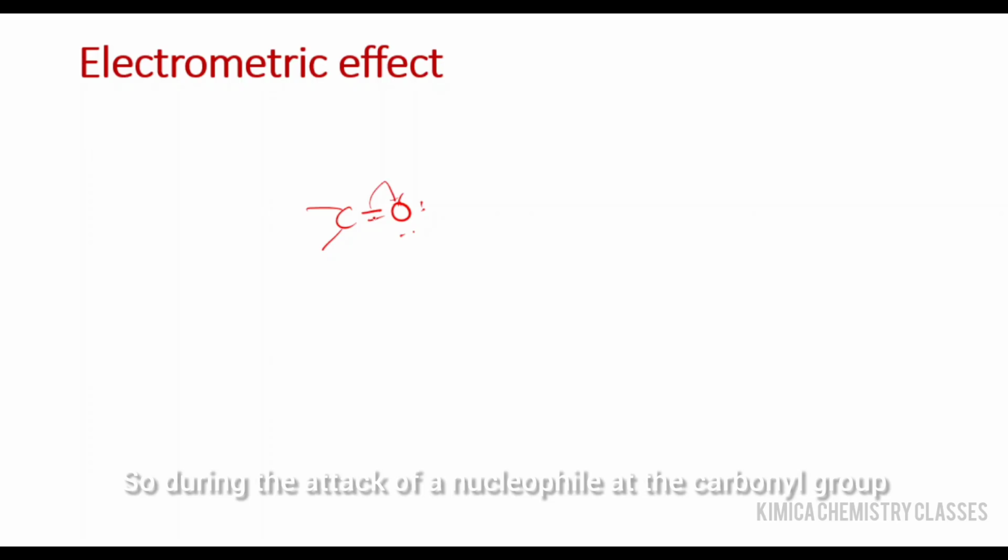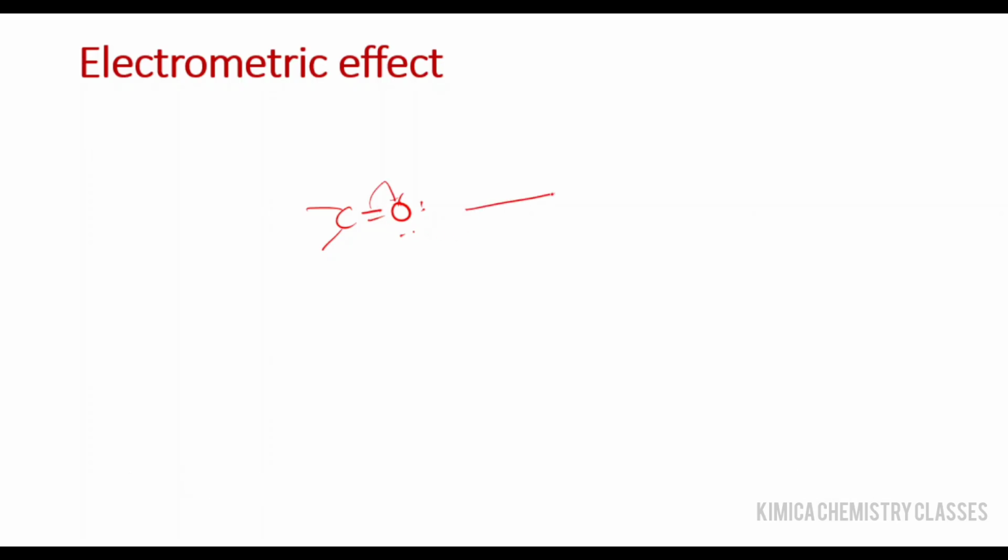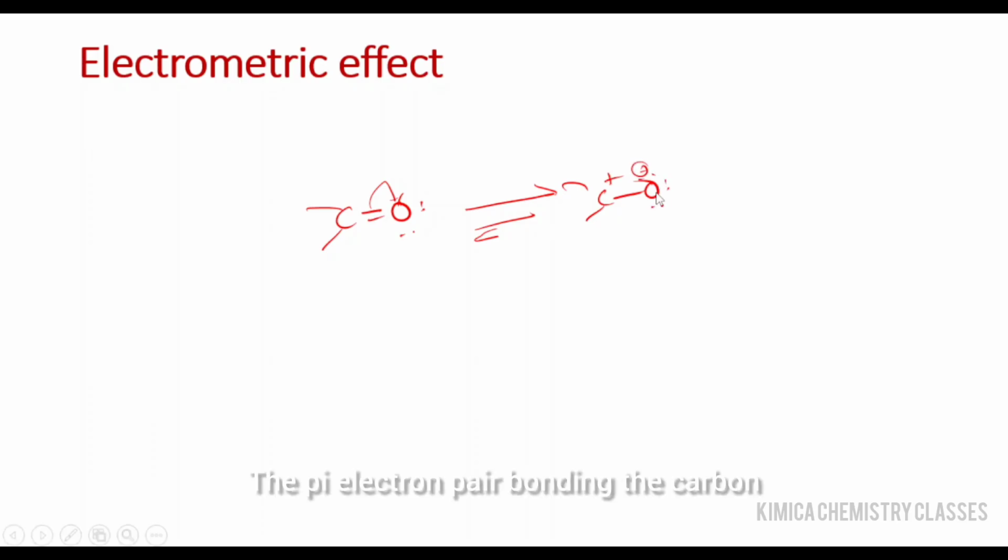So, during the attack of a nucleophile at the carbonyl group, when the nucleophile is added or attacks, then what happens? The pi electron pair bonding the carbon and oxygen is transferred completely to the oxygen, thereby polarizing the carbonyl group.